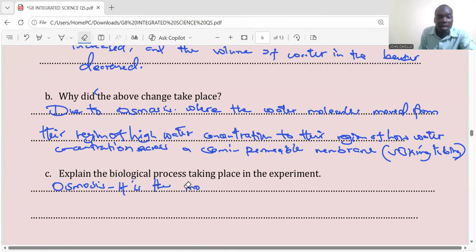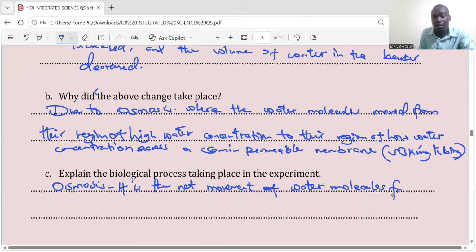Let me talk about net movement. It is the net movement of water molecules from their region of high water concentration.